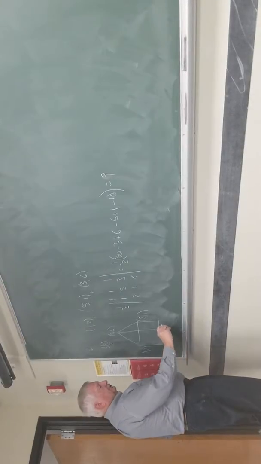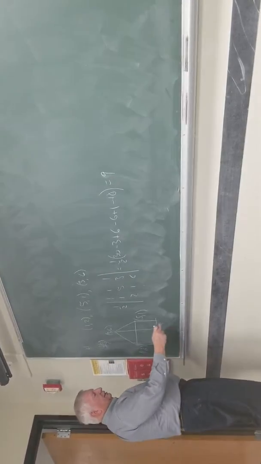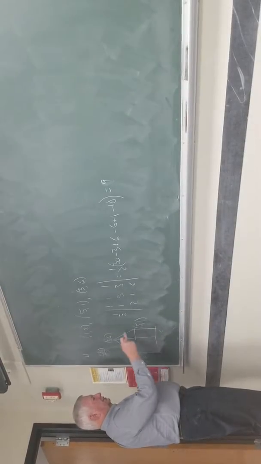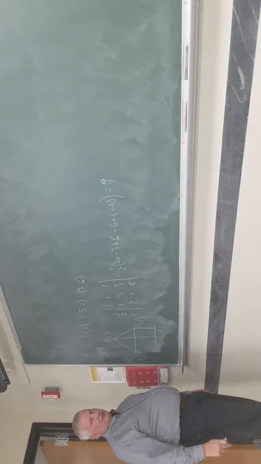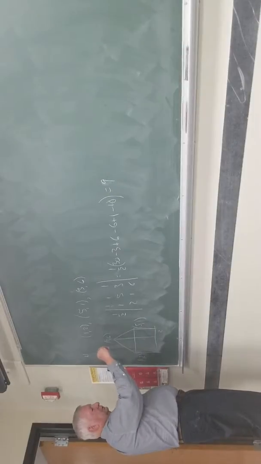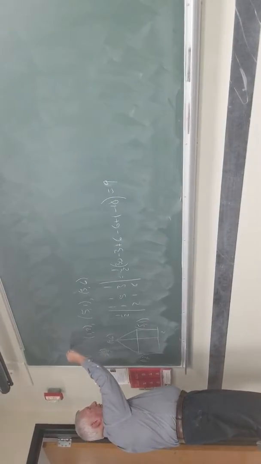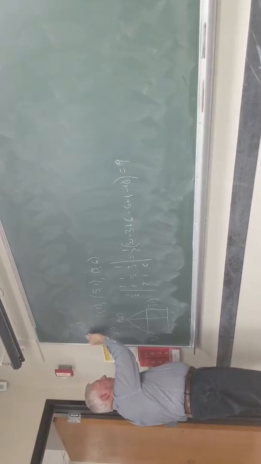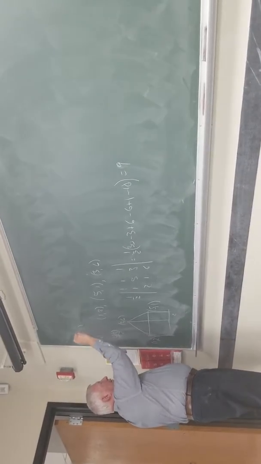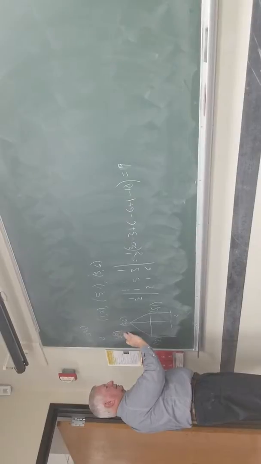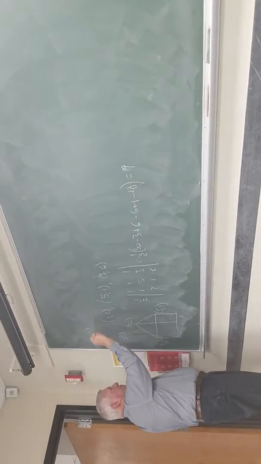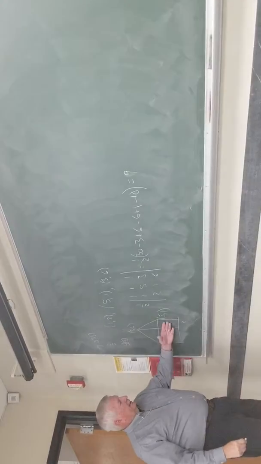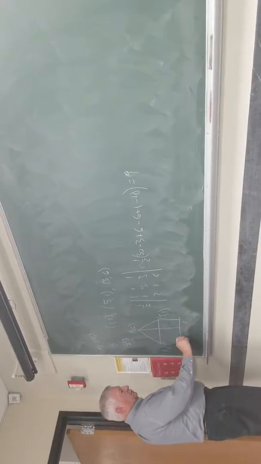It has a width of 2 and heights of 1 and 6. That averages 3.5. 2 and 3.5 times 1.5. Oh no, I did that wrong. I didn't divide it. This should be 8. This is 7.